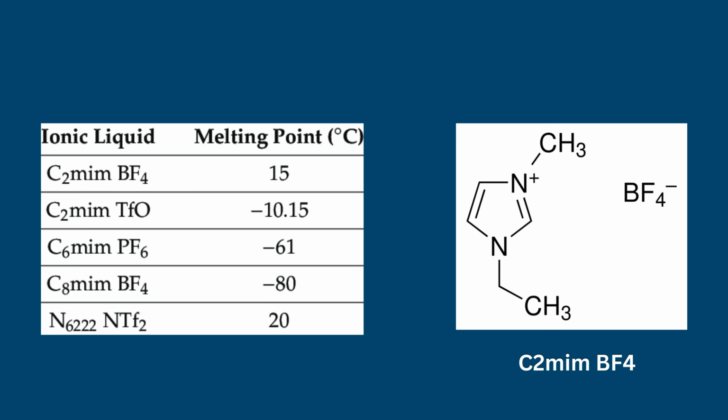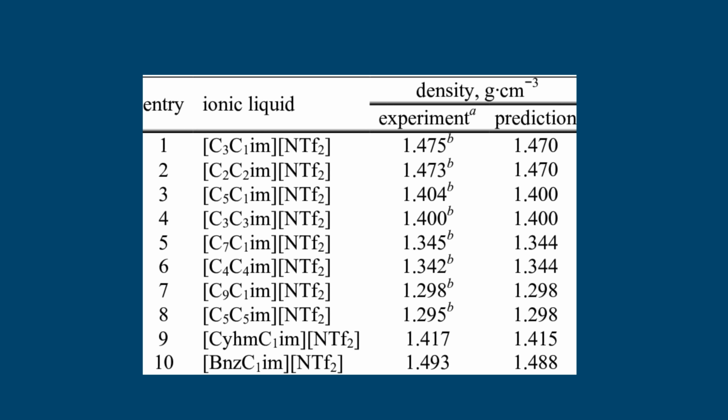Alkyl chain length influences melting points nonlinearly, reflecting competing packing and conformational effects. Density. RTILs typically exhibit densities between 1.0 and 1.6 grams per cubic centimeter, often exceeding that of water. Density decreases systematically with increasing alkyl chain length due to enhanced free volume.